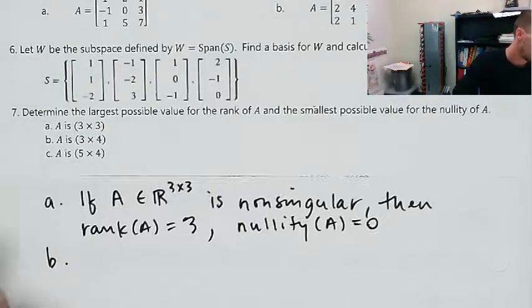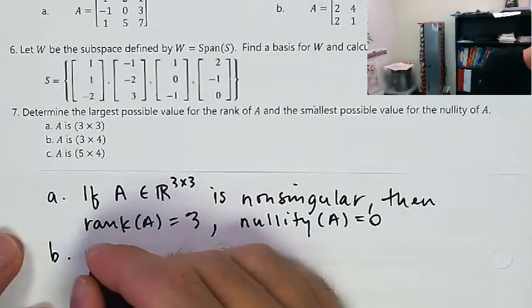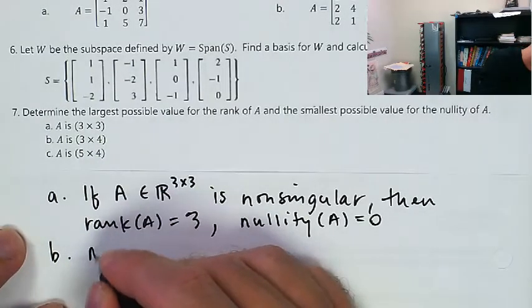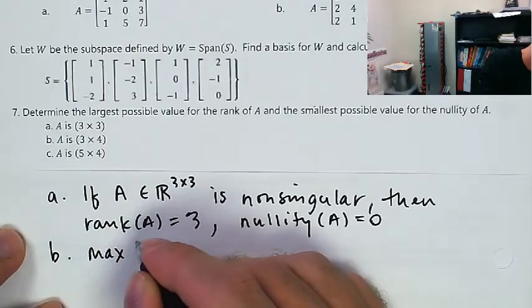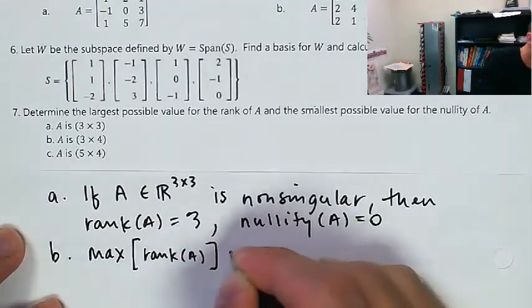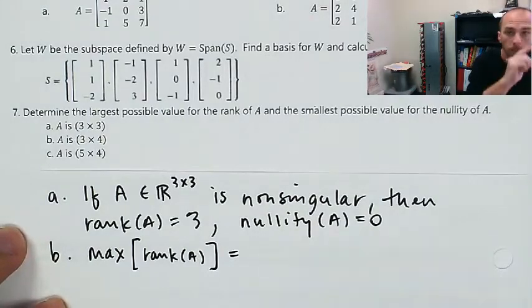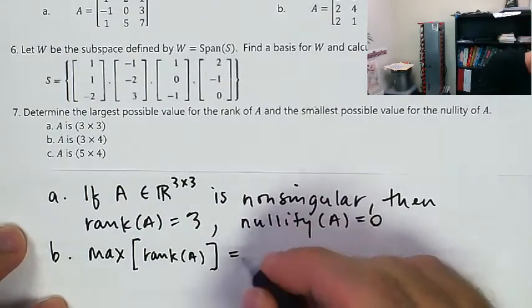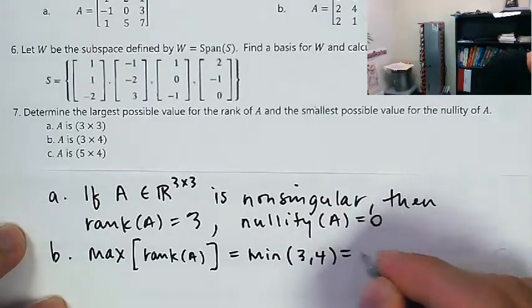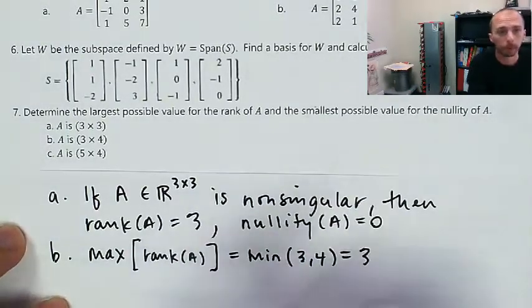So the maximum possible value of the rank is equal to the minimum of 3 and 4. Because it's a 3 by 4 matrix, the minimum of 3 and 4 is 3.